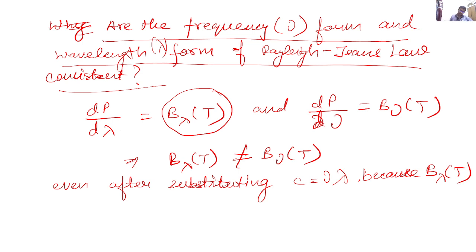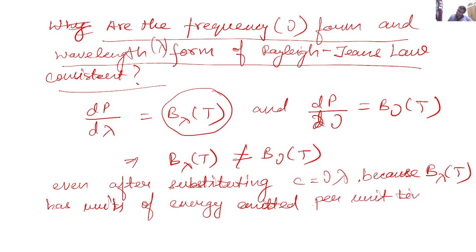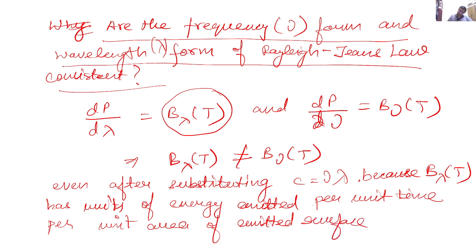Because B lambda T has its own units: energy emitted per unit time per unit area of emitted surface per unit solid angle per unit wavelength.